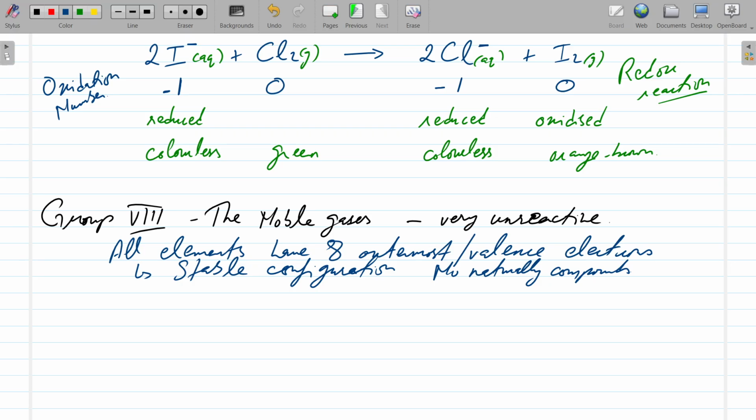So, some of the properties of the noble gases. First of all, they're all gases and they're all colorless. Secondly, they're monatomic.